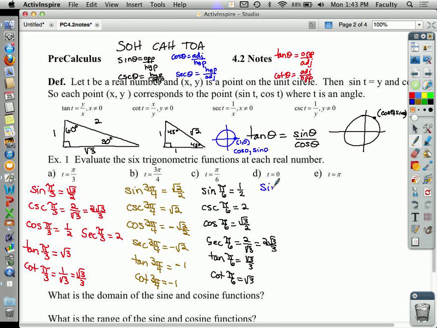So the sine of 0 is 0. Do you see that? The sine of 0 is 0. So then cosecant 0 would be the reciprocal, which is undefined. All right, then we have cosine of 0. Okay, that's 1.